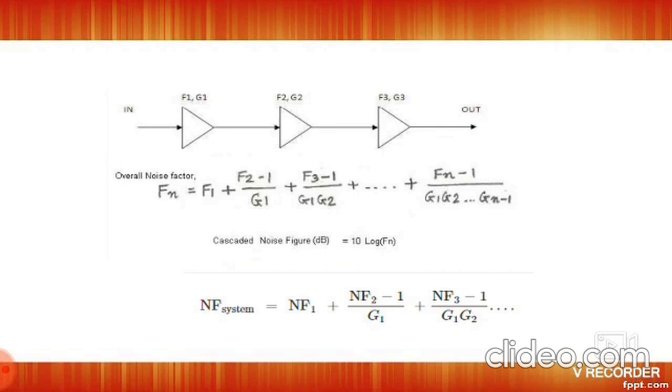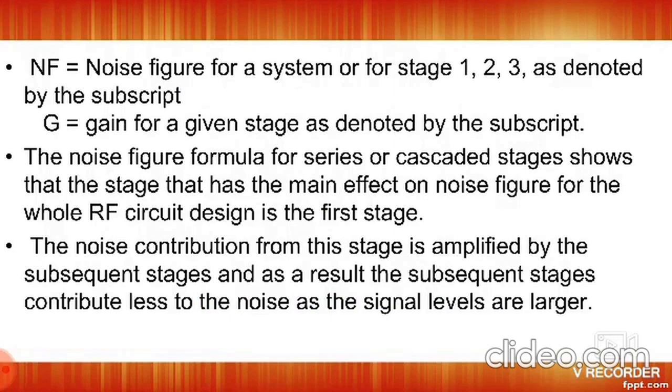The overall noise factor Fn is equal to F1 plus F2 minus 1 divided by G1, plus F3 minus 1 divided by G1 G2, and so on up to Fn minus 1 divided by G1 G2 up to G(n minus 1). That is the overall noise factor of the system.